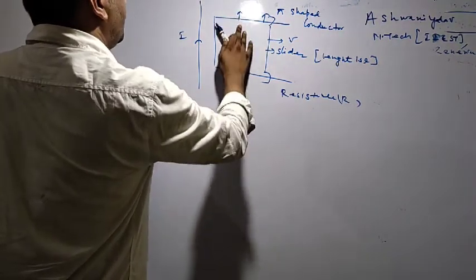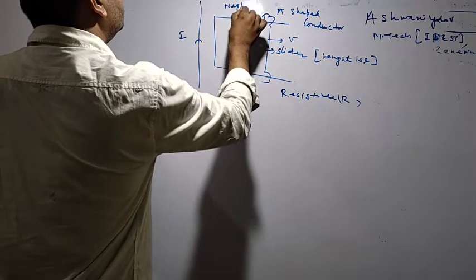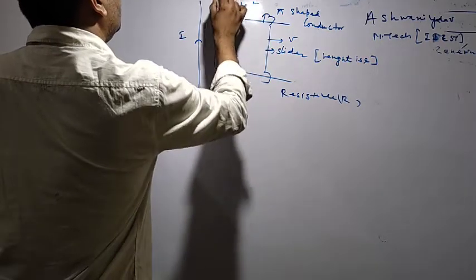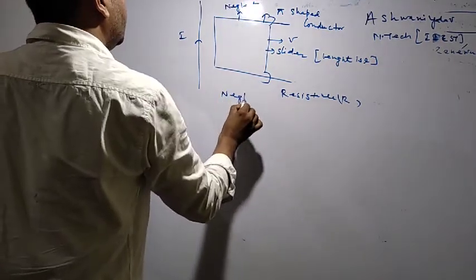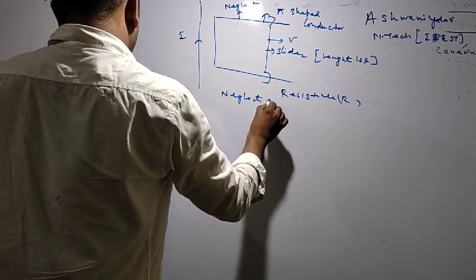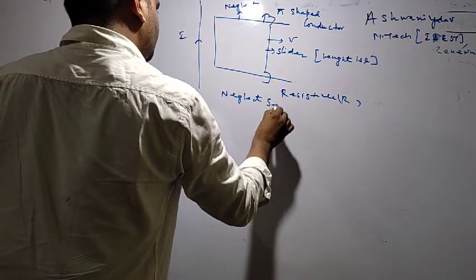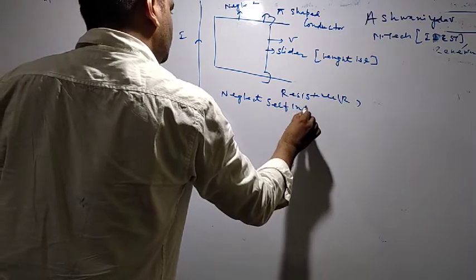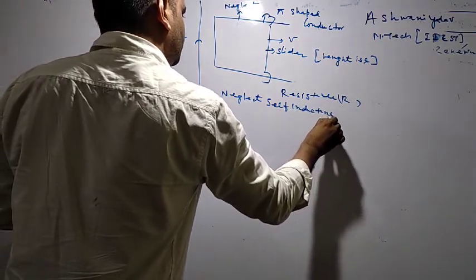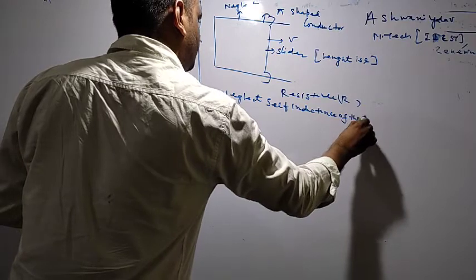Resistance of the pi shape is neglected. Also neglect the self-inductance of the loop. Please neglect this.